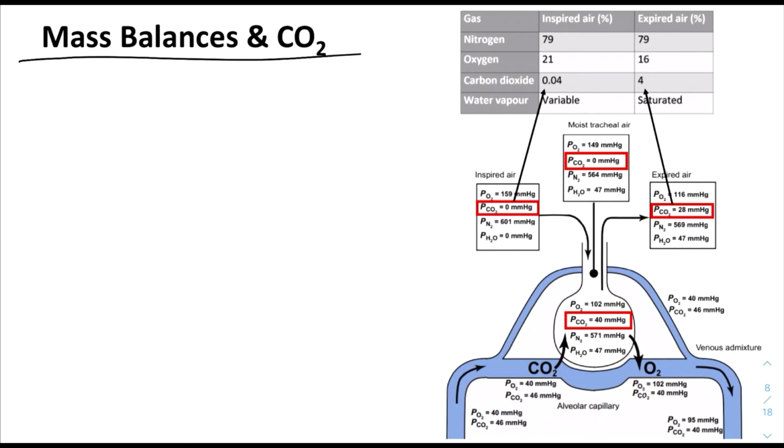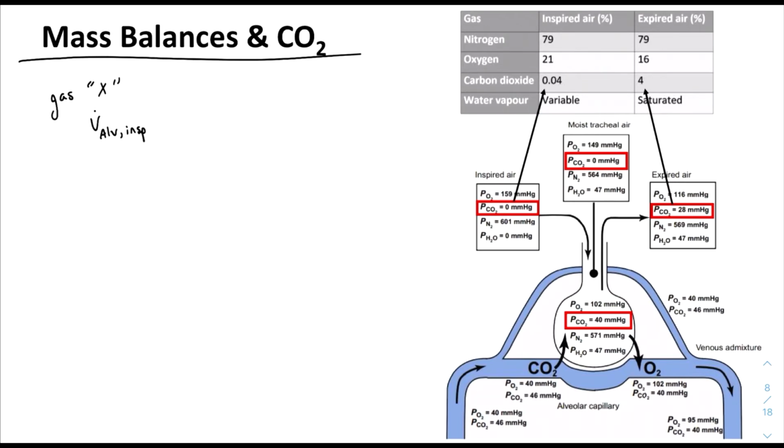So now let's get into the actual mass balance. Let's consider an arbitrary gas X, which is present in the environment, in the body, things like that. As a person inspires at some rate of alveolar ventilation, let's call it V dot alveolar inspire, this is the rate of ventilation brought to the alveoli through the subset of the tidal volume that ends up interacting with the alveoli.